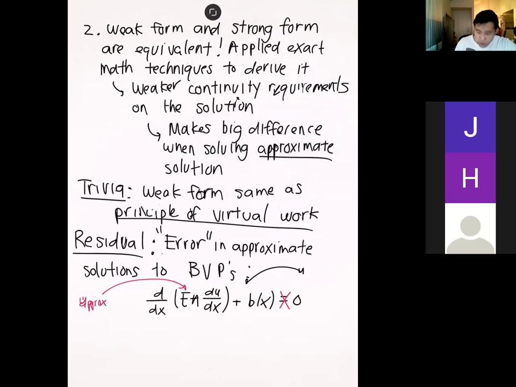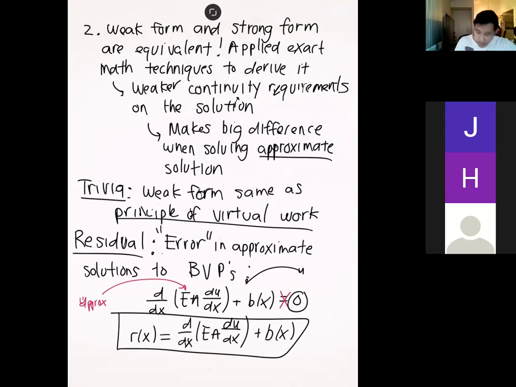And so this function is actually going to be the form for our residual. Basically we're going to replace the 0 right here with a function r of x. This function r of x right here is our residual.